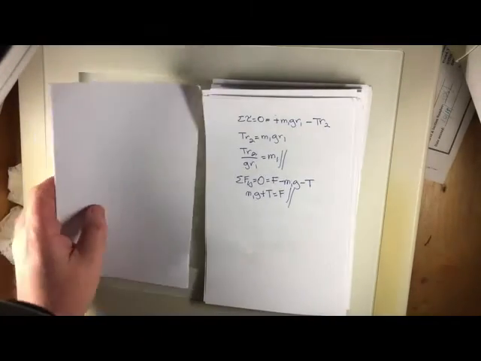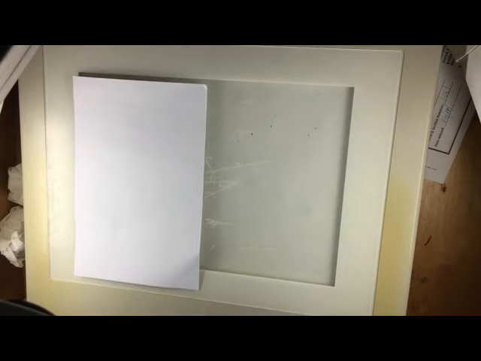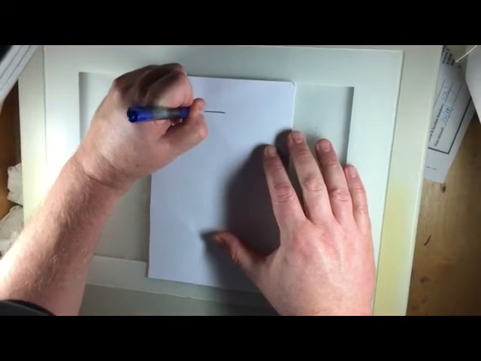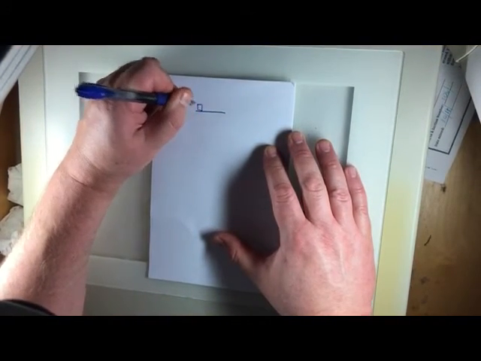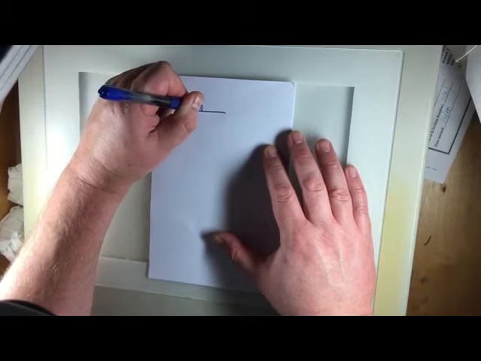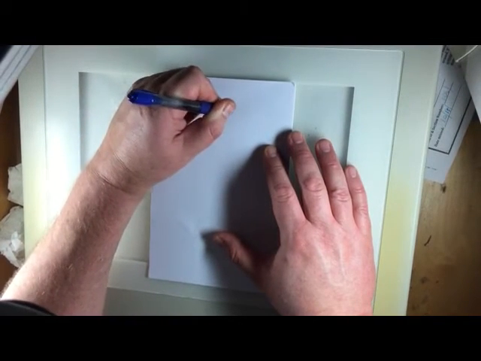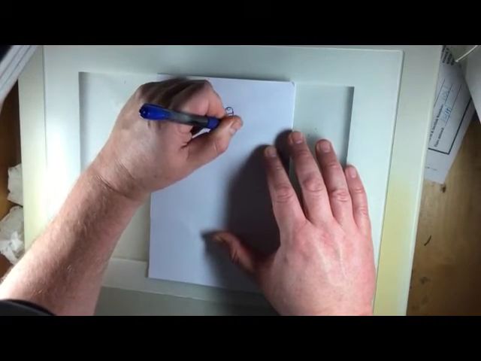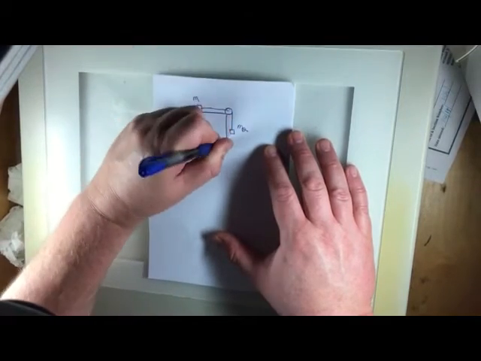that we need to cover Atwood's machines with energy. So Atwood's machines with energy, the technique is you're going to have a mass on a flat plane.